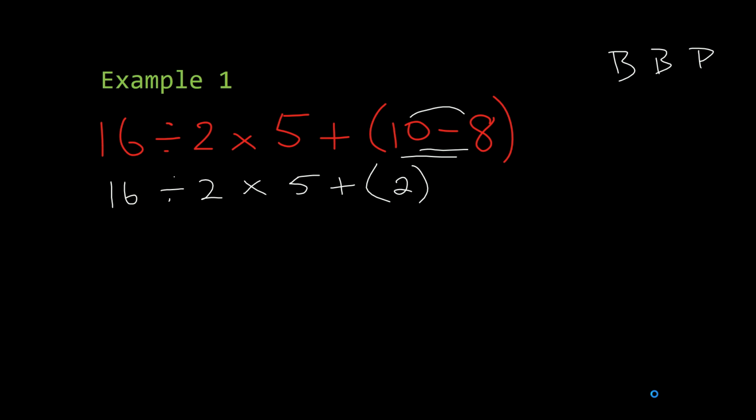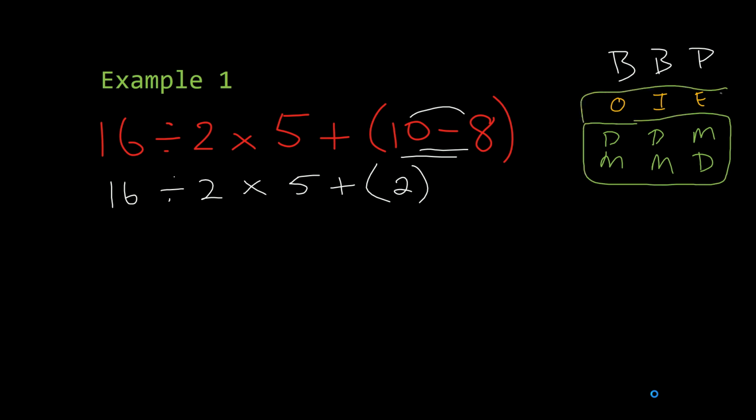The next part of it, what we are supposed to do is look for orders, indices, or exponents. We have none of that inside of this. So the next thing we look for is divisions or multiplications, whichever one comes first when moving from left to right.